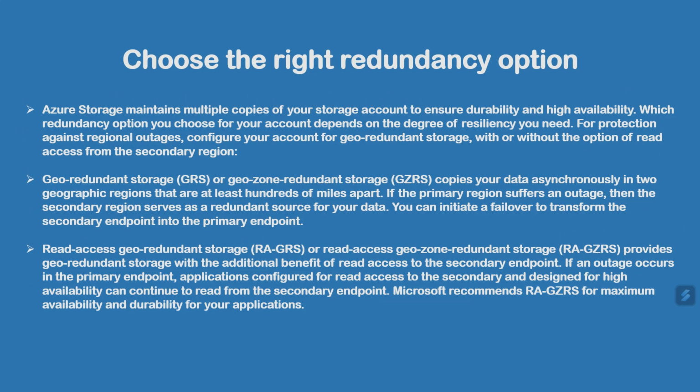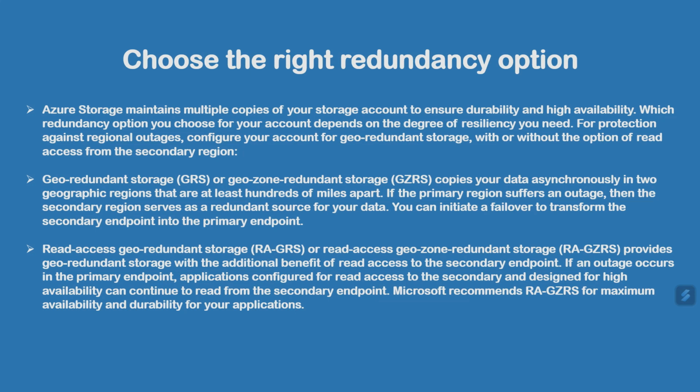Let's move forward. We must choose the right redundancy option for utilizing the failover concept. There are two options, as I already told you, GRS and GZRS, and then there is read access for the geo replications that are available.